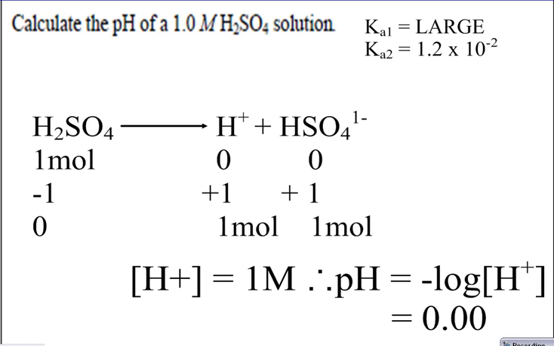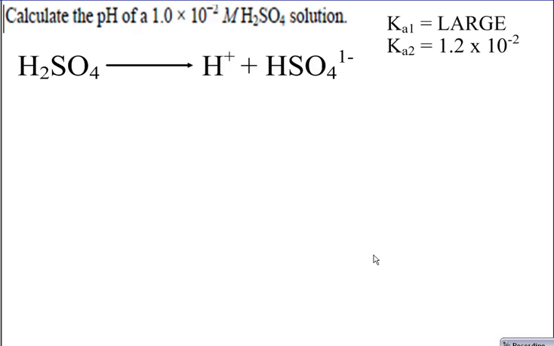However, if it's not concentrated, in its first dissociation, sulfuric acid is going to lose 1 hydrogen and become the bisulfate ion. And we can determine the concentration of hydrogens and bisulfate you would get simply because this is a large Ka. It means it's going to go all the way to completion. Notice that there is only a single arrow here. And this is going to go all the way.